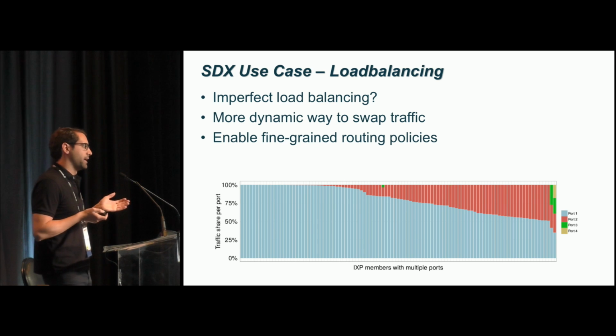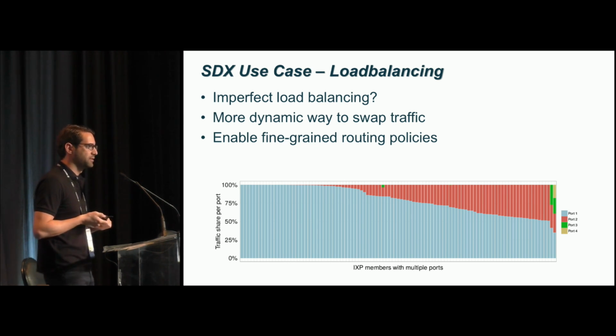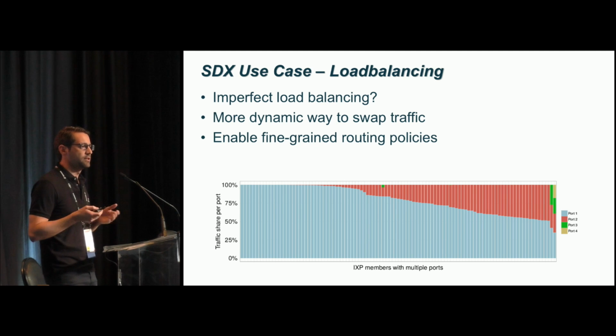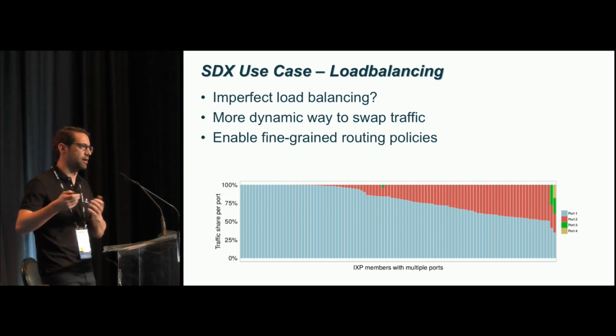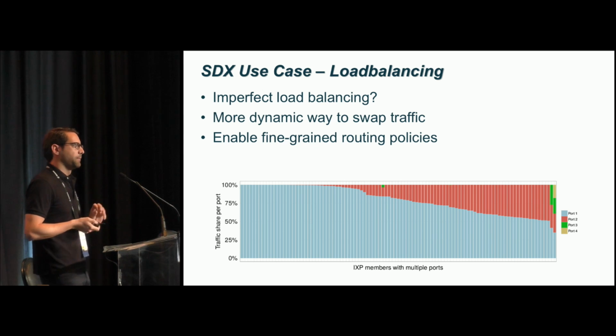As you can see, about a third probably use a redundant setup, so they just have all their traffic on one port, which totally makes sense. But some others use it in a very unequal way. The share for one port is maybe about 70%, and the other port just 30%.